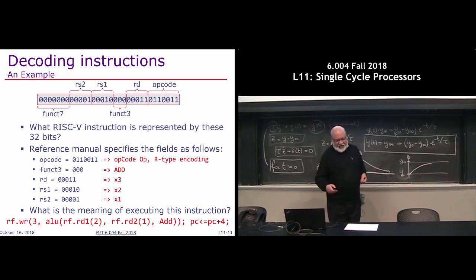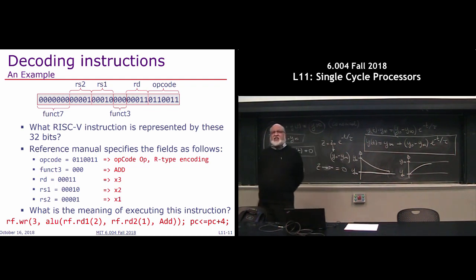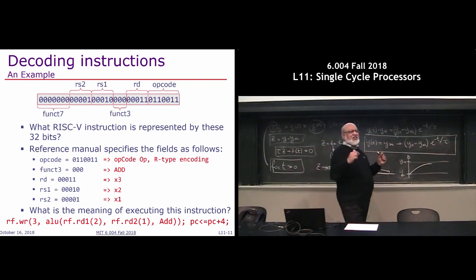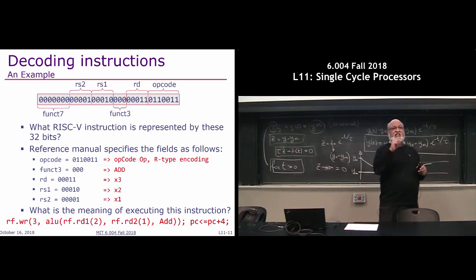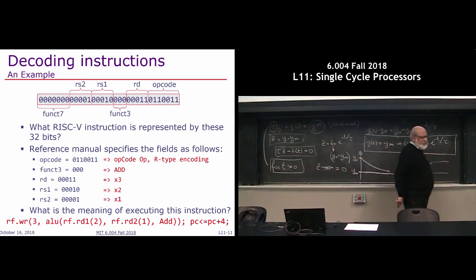In X3, so that's register file dot write 3. We are writing in the third place in the register file. And just by writing this phrase, the implication is that both the reads and the write are all happening at the same time. And we have all agreed that when we read and write at the same time in the register file, we first read the values and then later update it, which will only be visible for the next instruction execution. Yes?